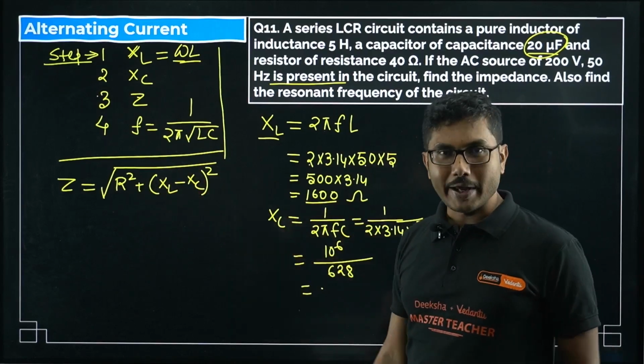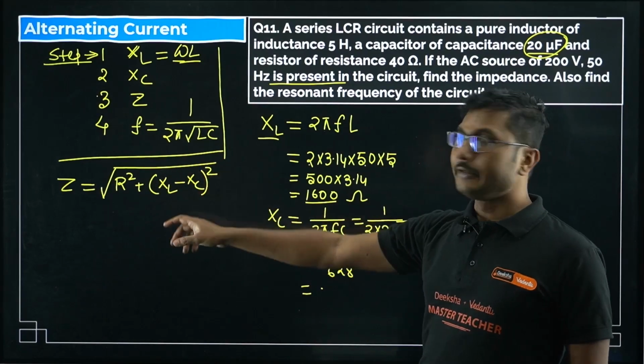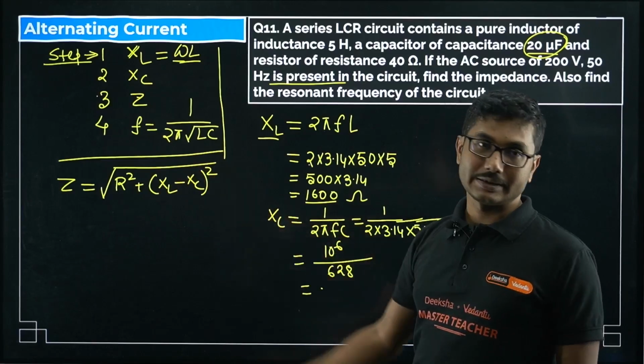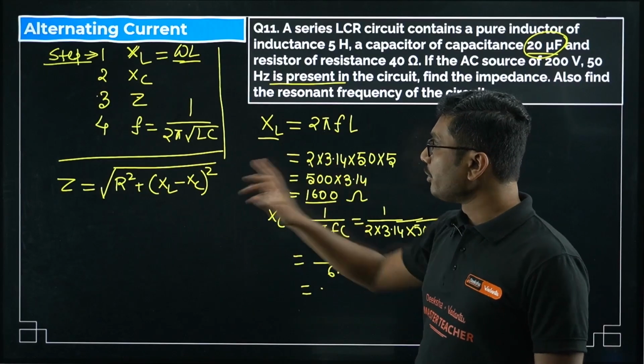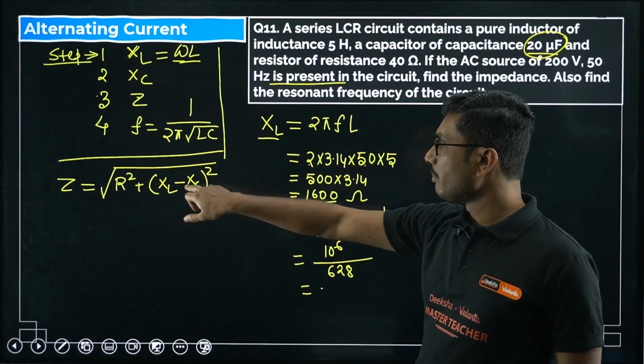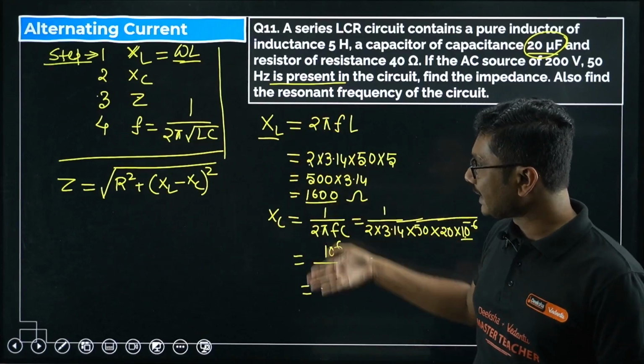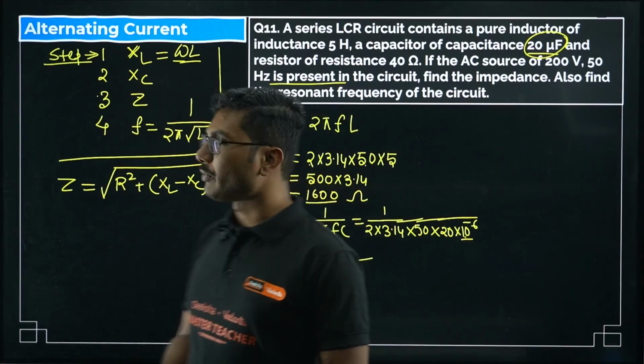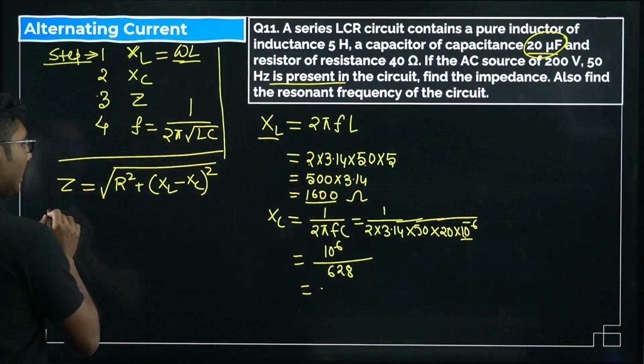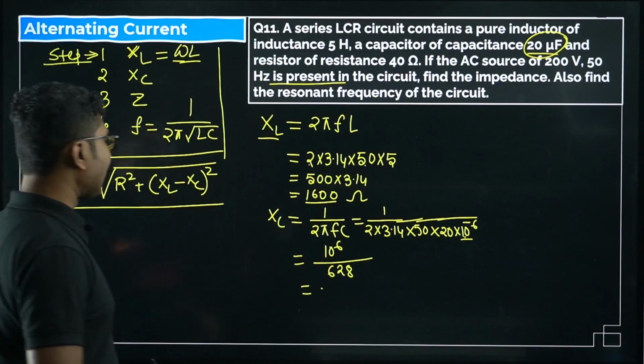Since there is a square term outside, it will not matter if you switch XC and XL. But we will always try to do bigger number minus smaller number. That is the strategy. So you calculate XL and XC, and based on that you can calculate the Z value using this formula.